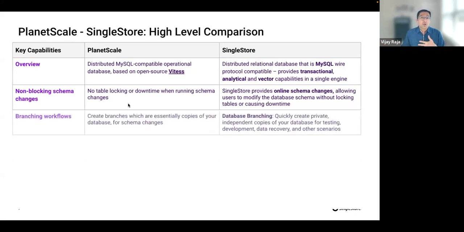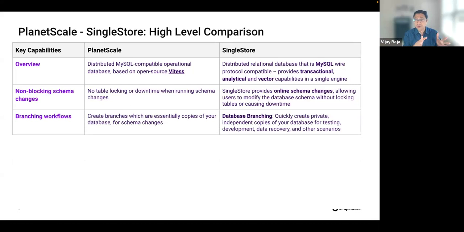One of the other key things that PlanetScale provides, and I think customers like this functionality, is what they call branching workflows, right? Which is really the ability to create branches of the database, essentially copies of the database, for schema changes or anything else.